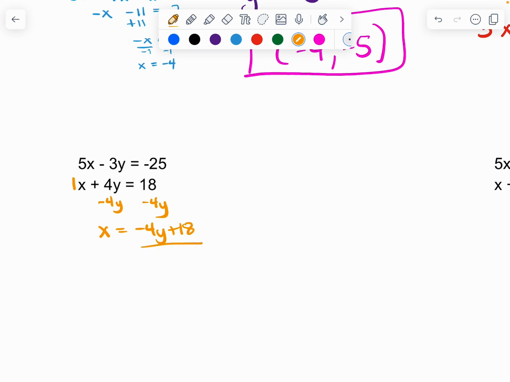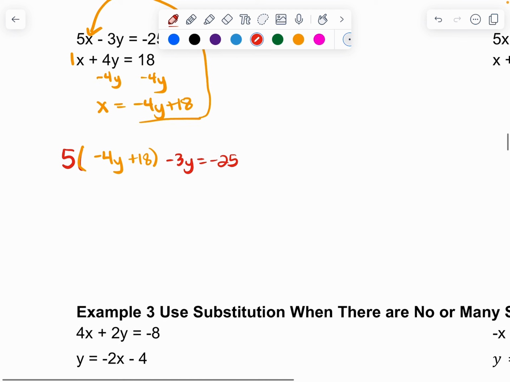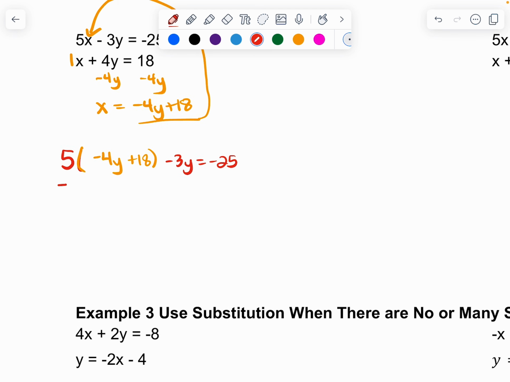And I'm going to take this and replace the x value. So x, parenthesis, negative 4y plus 18, minus 3y. Now make sure you don't forget the whole rest of the equation, because I have had people do that.